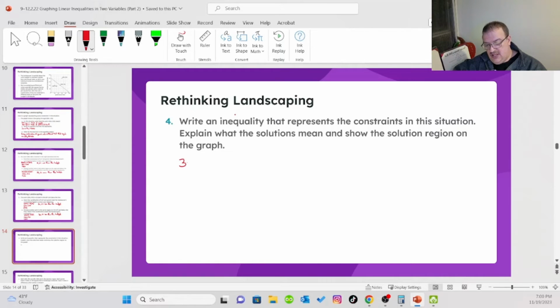So this inequality would be 3x plus 15y is less than or equal to 3,000. We have the 3x is the cost of the gravel, 15y is the cost of the artificial turf, and when we add them together, we need to spend $3,000 or less.